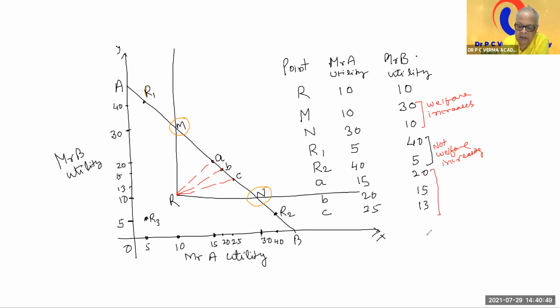But A, B, C, D, A, B, C, it is called optimum welfare.